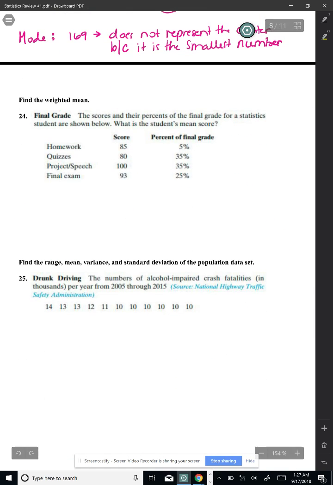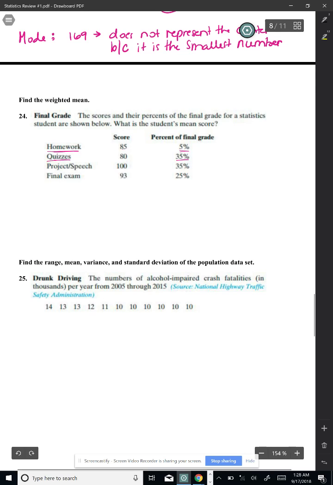Next is finding weighted means on number 24. To find the weighted mean, you multiply the number or the entry by the number of times it occurs, or in this case, by a percentage. So on this one, we have the score of 85, which is your homework, and it is 5% of your final grade. Quizzes will be 35% of your final grade.